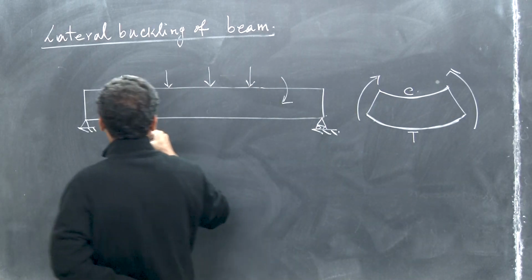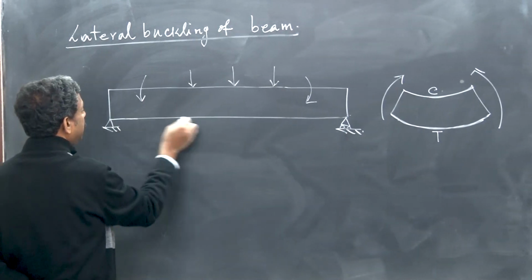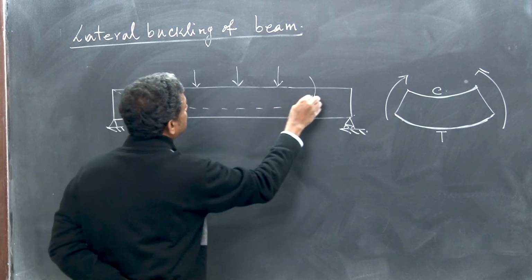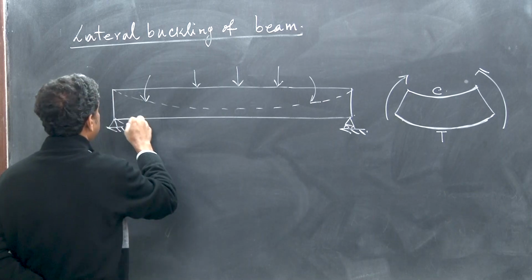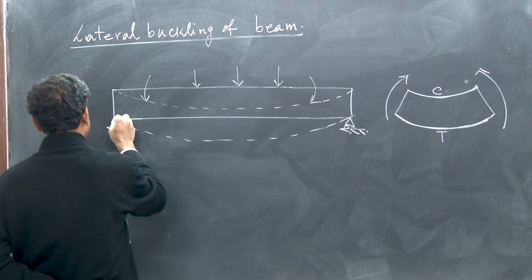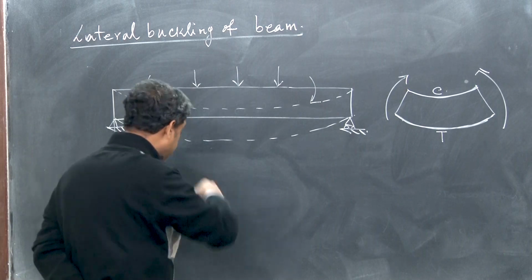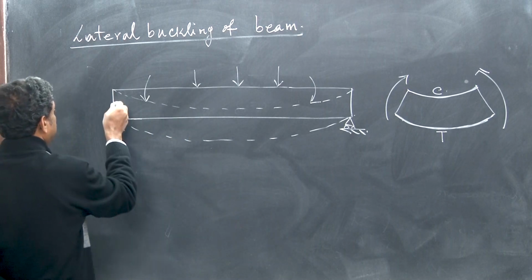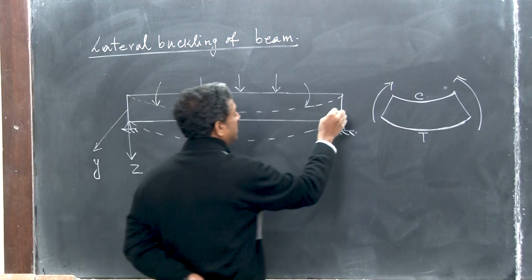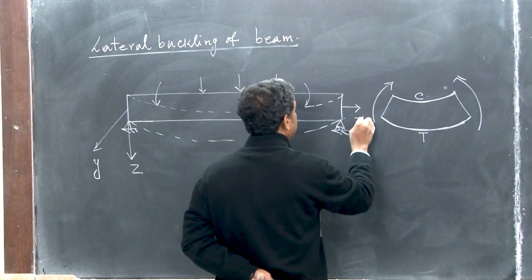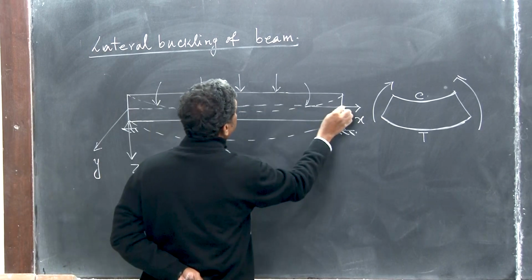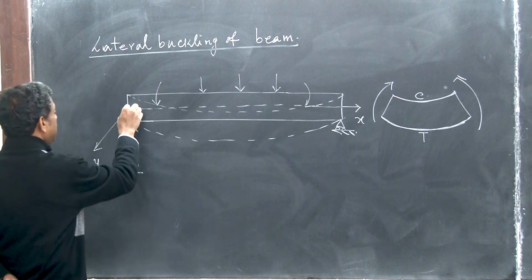So what is going to happen then? The bottom will remain in its place, but the top one will undergo out of plane deflection, and there will be lateral movement. Now I am going to consider this axis as Z, this axis as Y, and along the beam the X axis. So the vertical plane is the XZ plane.